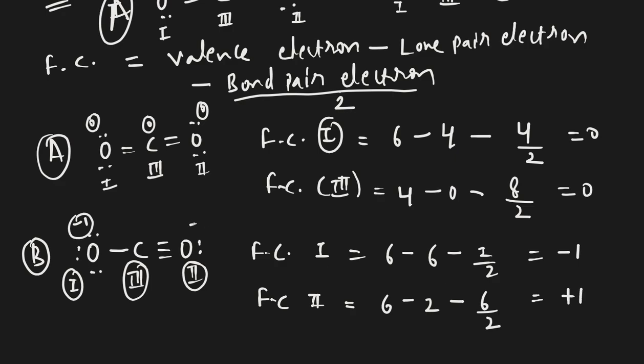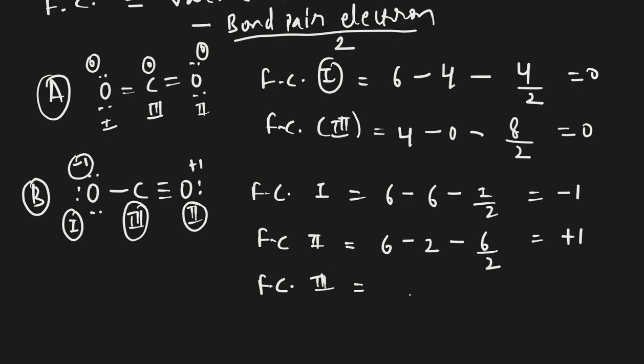So it has plus 1 charge. What about the carbon? The formal charge on the carbon, that is the third one. The total valence electron for carbon is 4, minus, there is no lone pair electron, minus 1 2 3 4, 4 2s are 8 bond electrons divided by 2, that is 0. So the formal charge on carbon is 0.